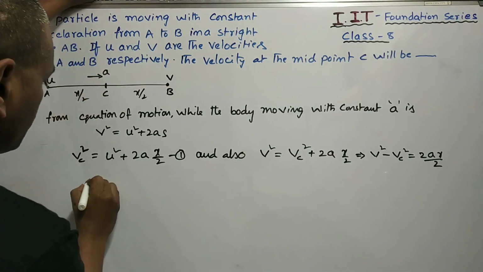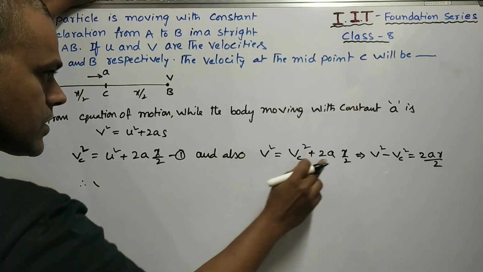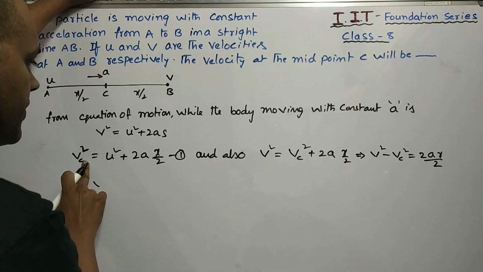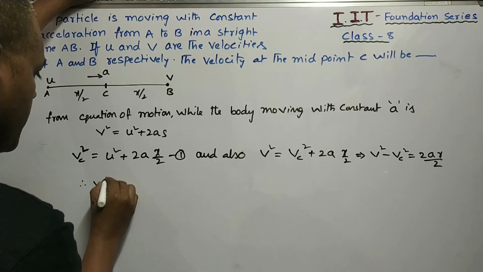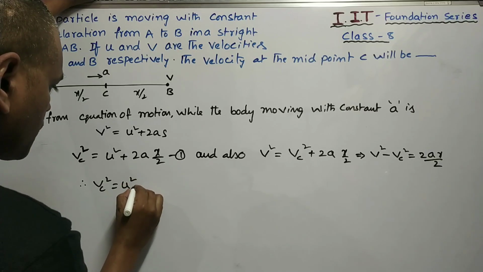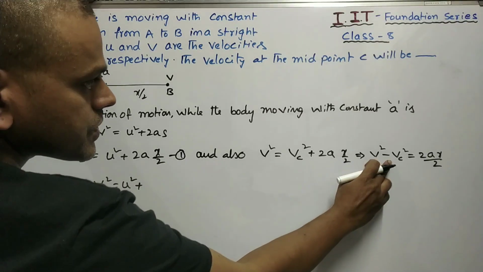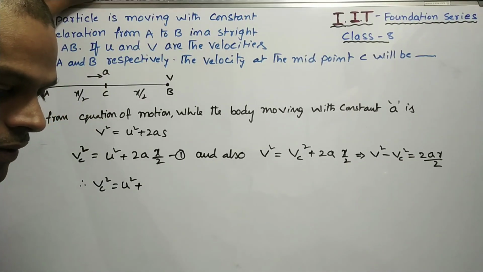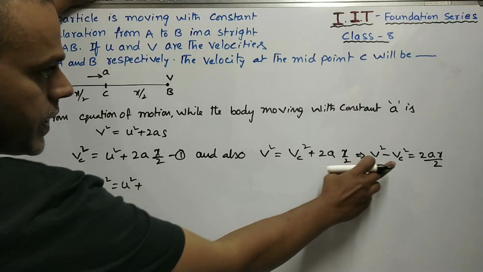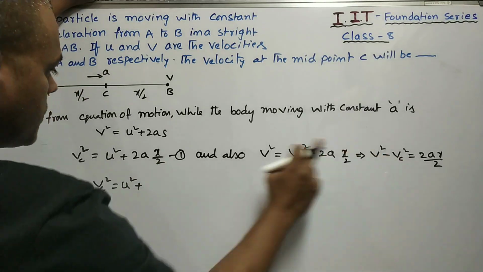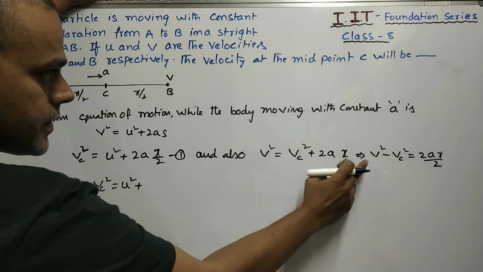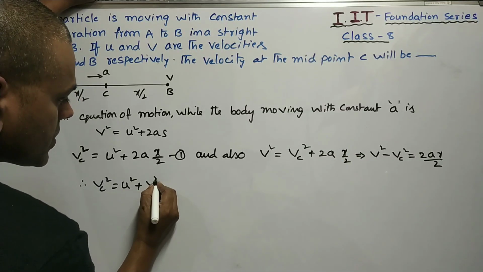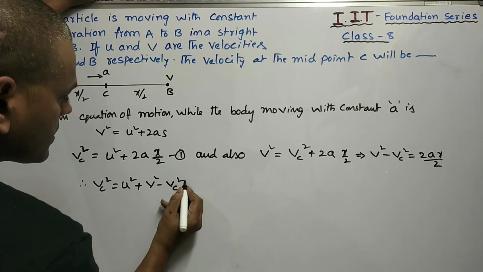Therefore Vc square is equal to u square plus 2a x by 2, which is equal to this much. So I would like to replace it with v square minus Vc square.